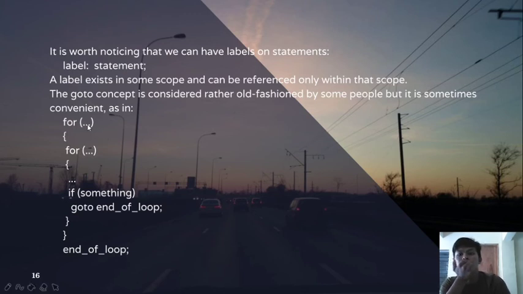Syntax: for, then inside the for loop another for loop. Then inside the for loop, a condition: if, then statement, then go to end of loop, then the loop ends.